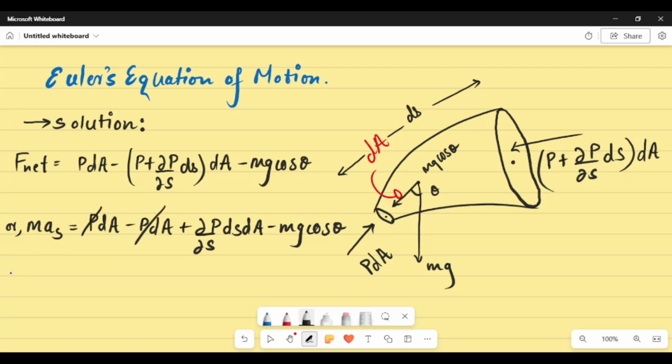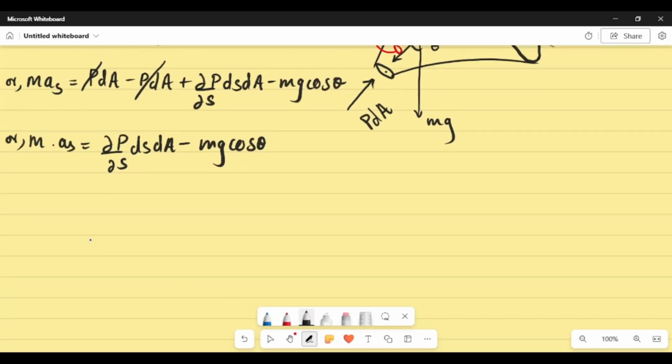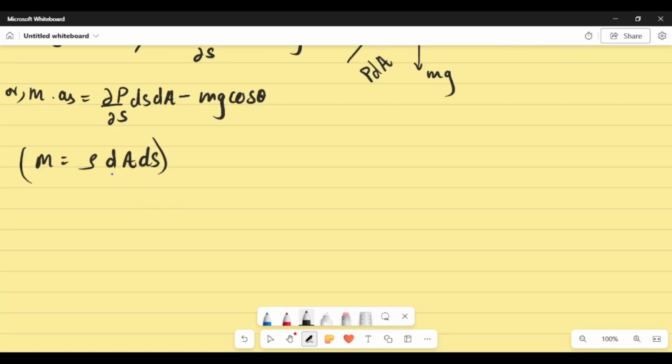So these two cancel out, and we obtain mass times acceleration in the s direction as minus del P by del s ds dA minus mg cos theta. Now we know that the mass of the body is given by rho times dA times ds, the expression for the mass of a body with cross-sectional area dA and small displacement ds.